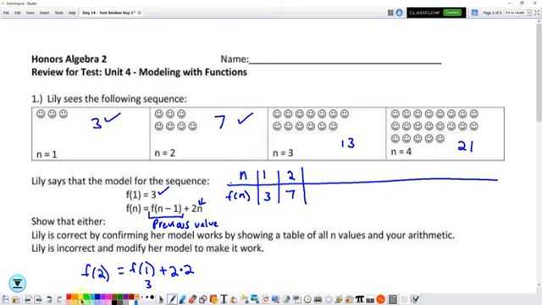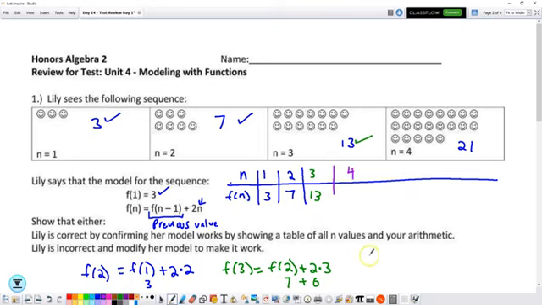All right, so let's see if this gives us 13. I'll do that one in green. So now, if we go f of 3, that should equal f of the previous value, f of 2, plus 2 times n. Well, f of 2 is 7. 7 plus 6 is 13. All right, well, that one works. Okay, so now we'll do f of 4.